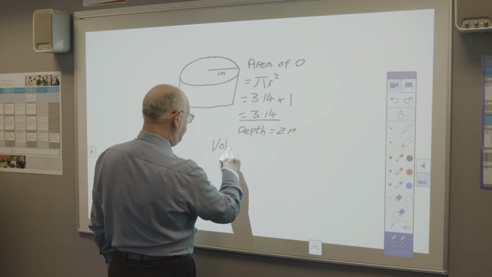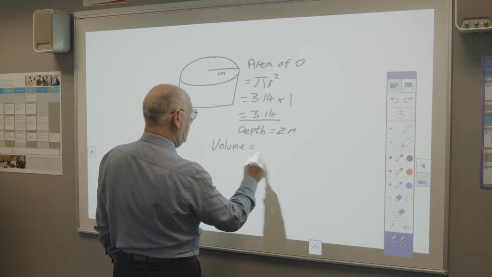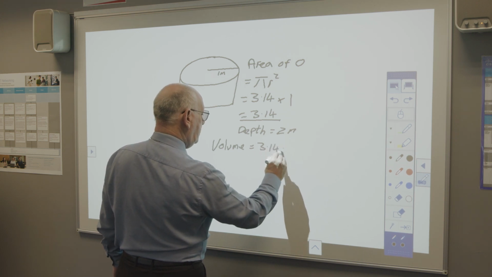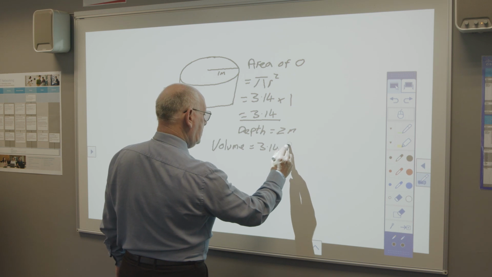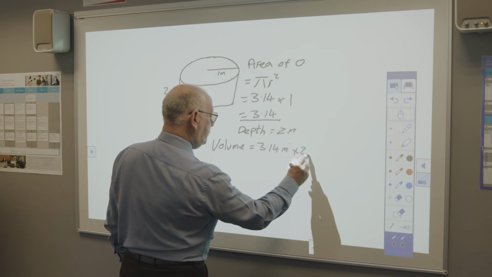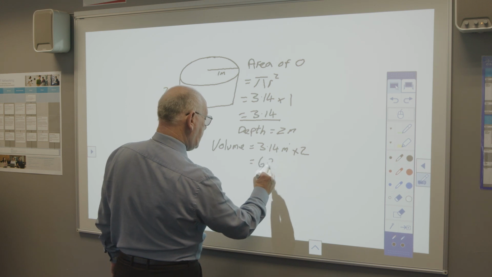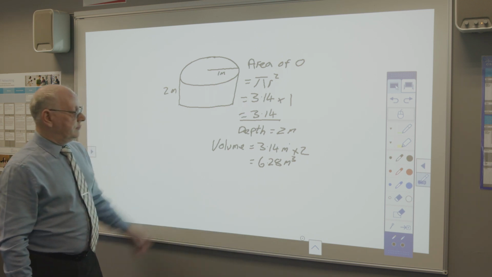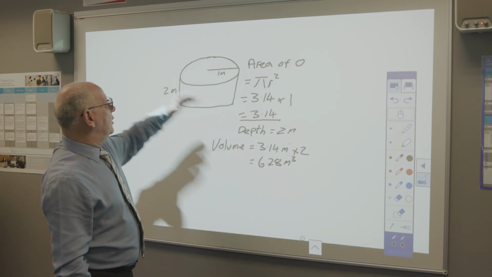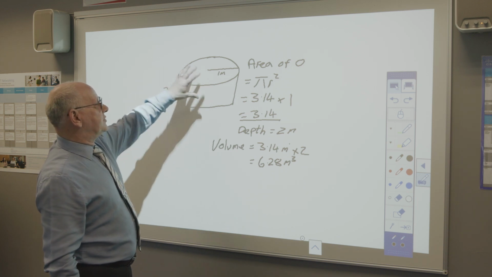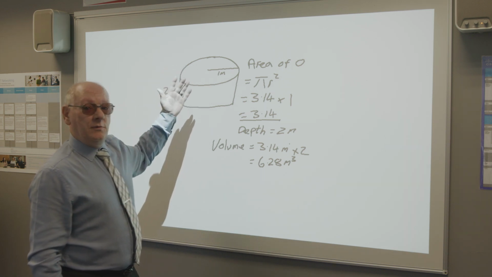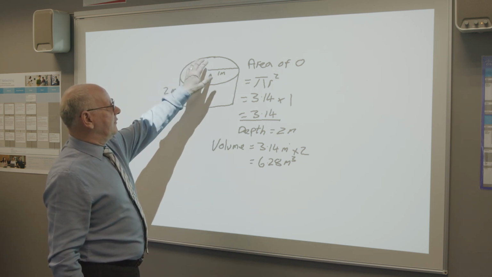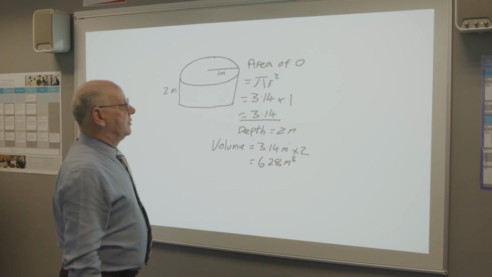So volume equals 3.14 meters times 2, which is 6.28 meters, and its volume, so you get the little 3. 6.28 meters cubed would be the volume of water that it needs to fill that pond. And that's how they get around volume of a circle. It's not volume of a circle, it's the area of the top times the depth.